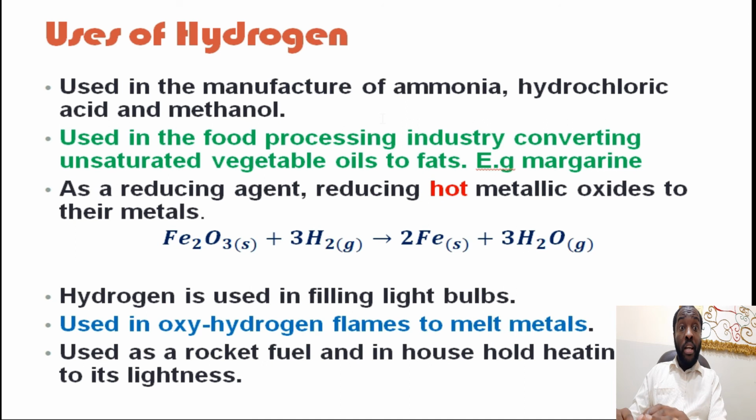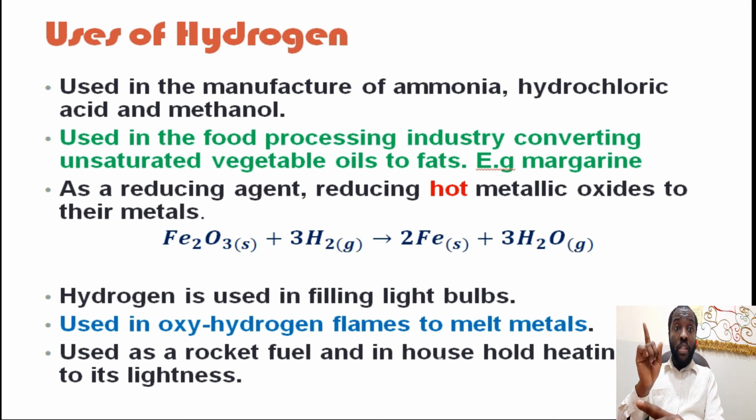Your hydrogen is also used as a strong reducing agent, where it reduces hot metallic oxide to their metals. So a good example here, we have iron(III) oxide or our hematite reacting with hydrogen to give us our iron, and they are so instrumental in the extraction of iron.